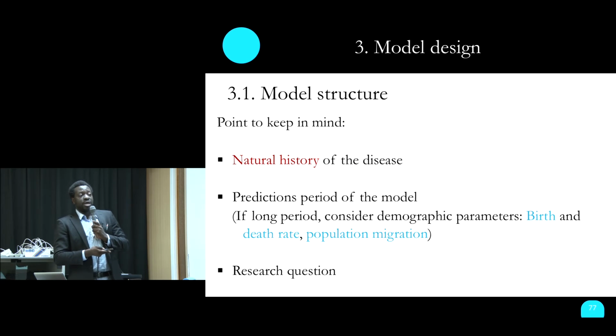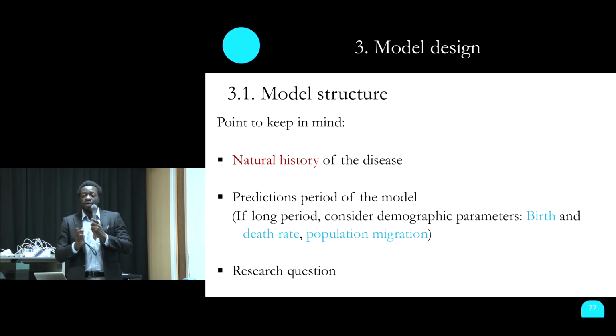For example, if you want to make predictions over the long term, for example, 2 or 5 or 10 years, you will need to consider factors like birth and death rates and population migration, because they are likely to affect the characteristics of your population. So it's really important to consider the demographic parameters here.